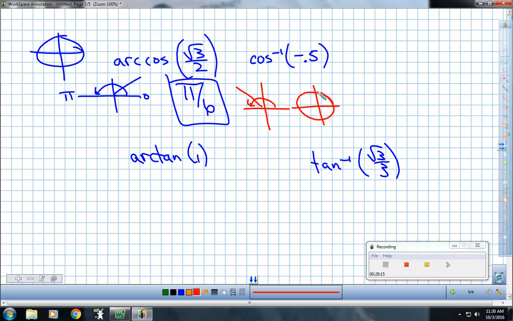That happens at what reference angle? A 60-degree or pi over 3 reference angle. So if it's a pi over 3 reference angle in the second quadrant, that is in fact 2 pi over 3. Giddy up. Very good. You guys are busting these out.